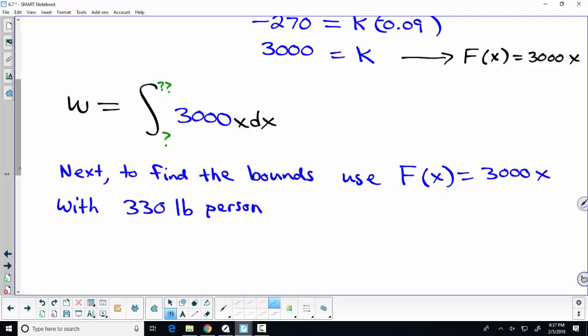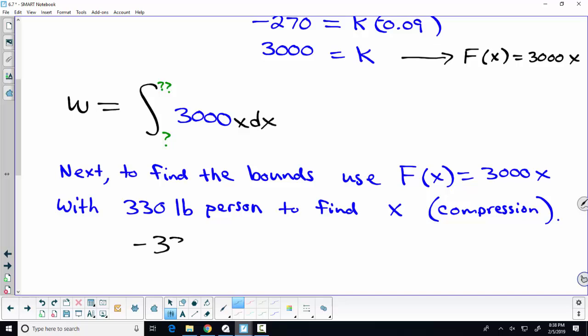So use the force function to find x, which is the amount of compression. Does that make sense? We have a force, 330 pounds, acting in the downward direction, equal to our spring constant times x, and then we solve for x.